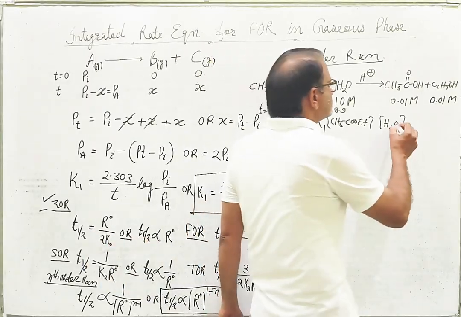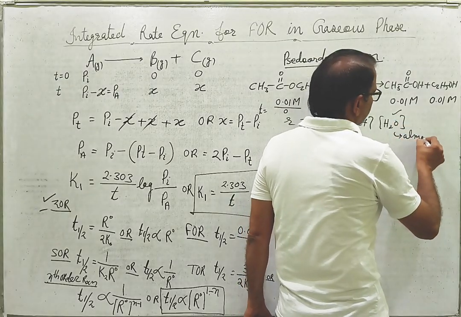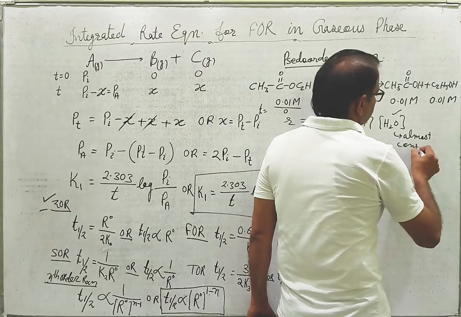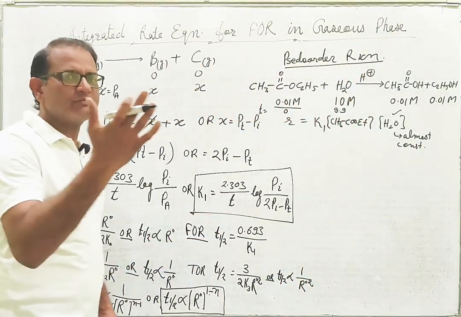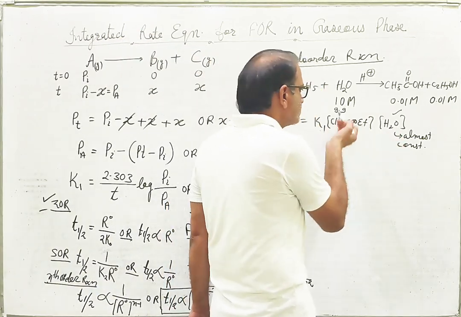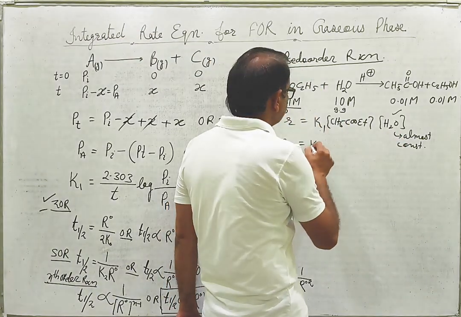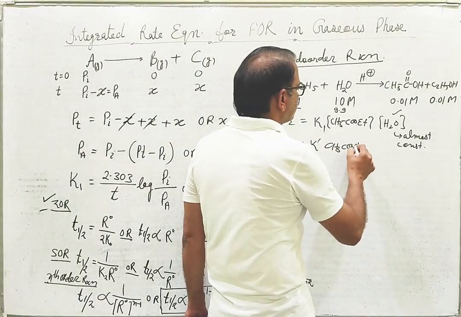It means this is almost constant at time t or at the end of the reaction. So this is constant, this is constant, constant into constant is another constant, and that will be K dash [CH3COOC2H5].